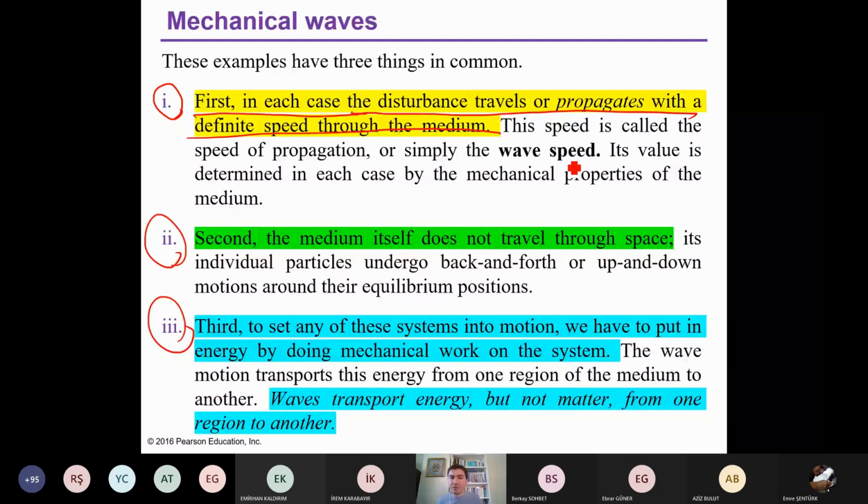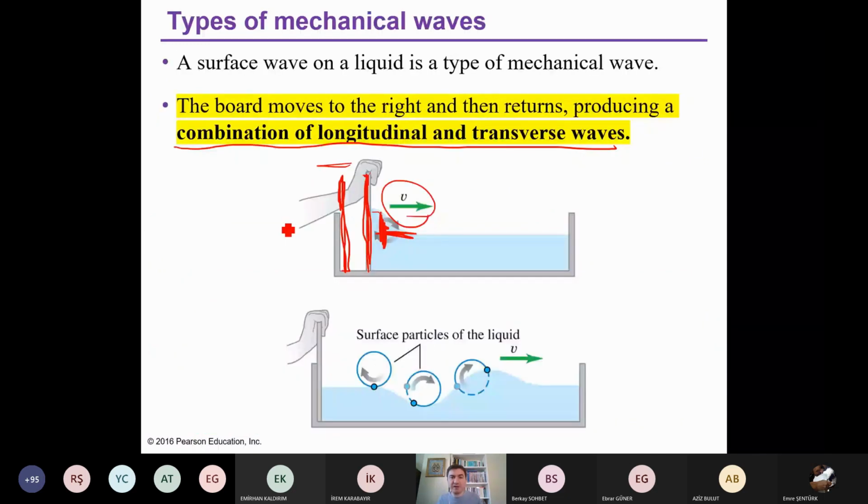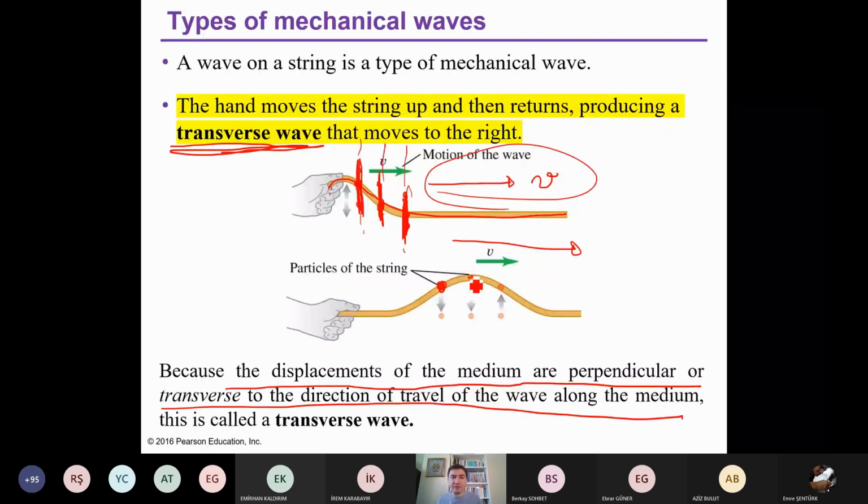And the second one, the medium itself does not travel through space. Look at the example here. In the first case, here you have a particle, here you have a particle, here you have a particle, and this particle moves like this, okay?